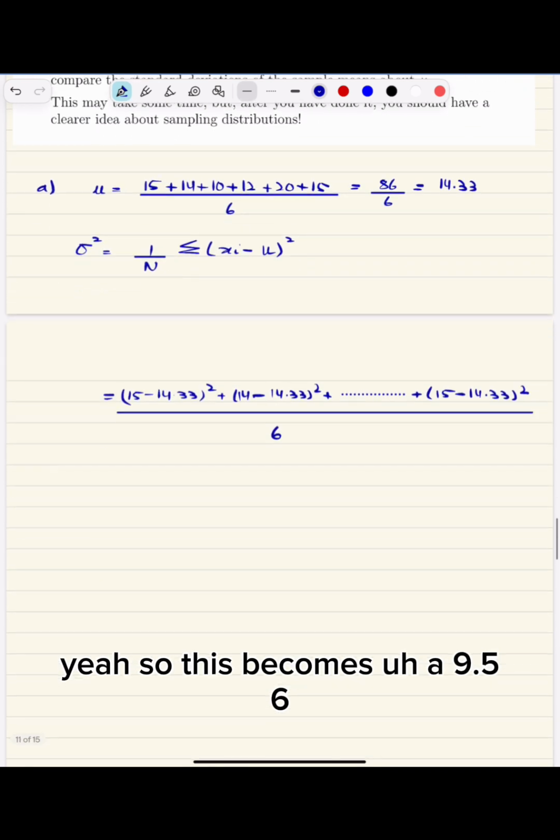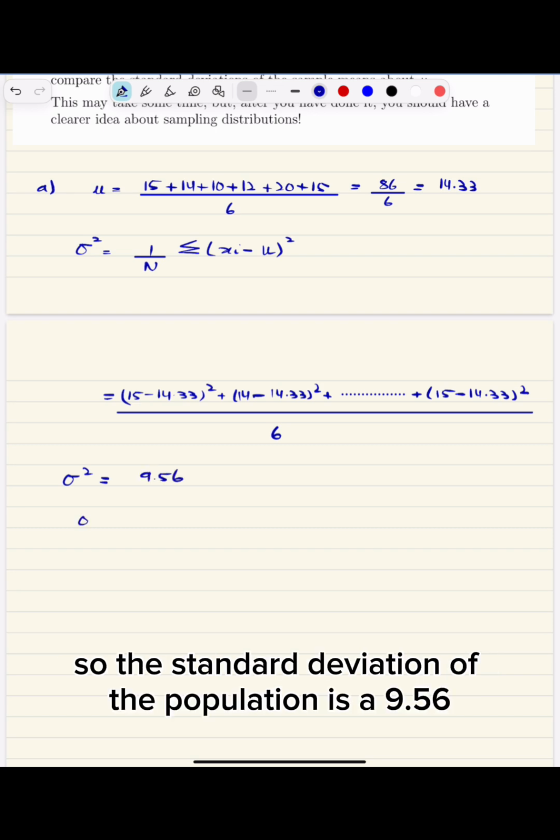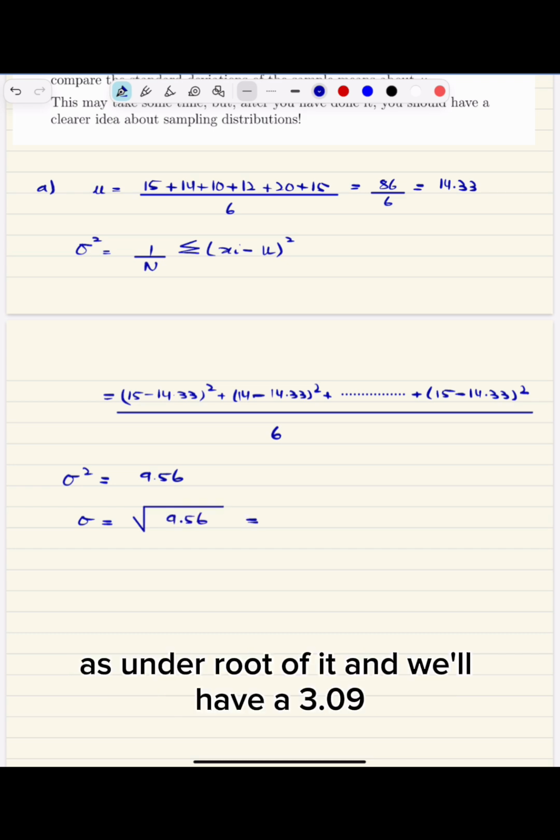So this becomes 9.56. So the standard deviation of the population is the square root of 9.56, and we'll have 3.09.